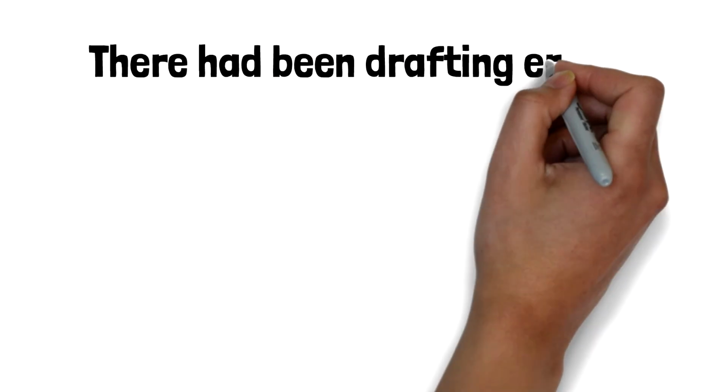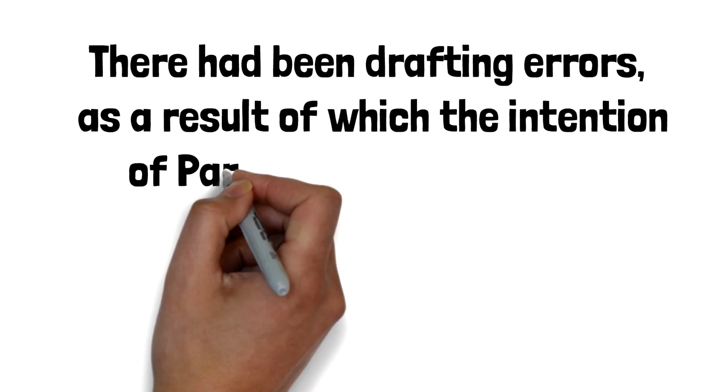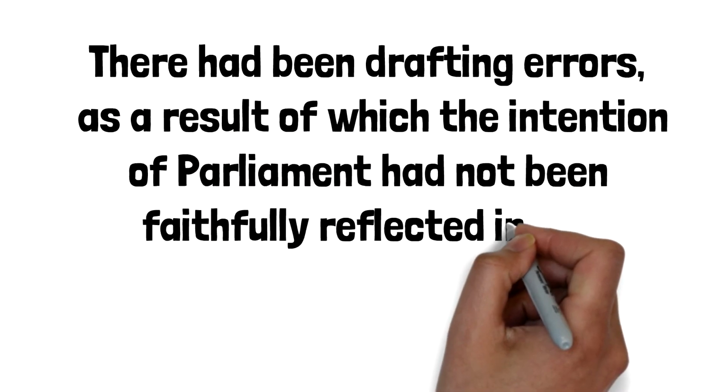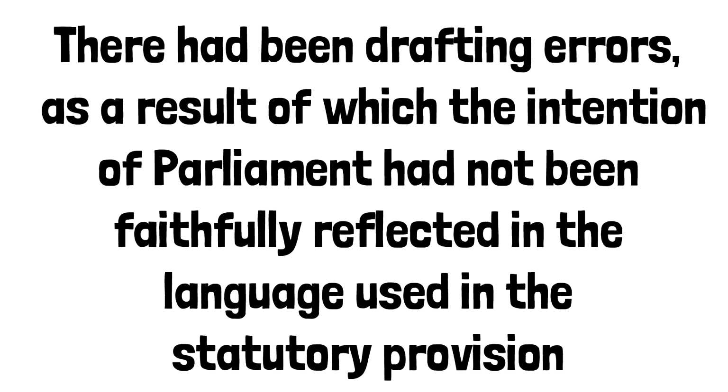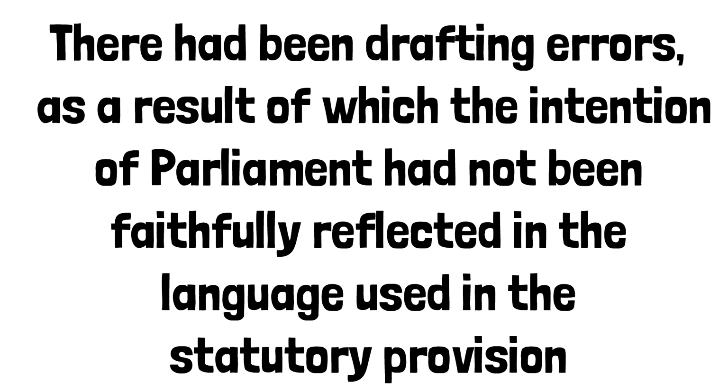This means that an ambiguous provision can be interpreted in light of the stated intention of the Act. When such a position arose, Lord Pentland stated in the Botterill case: counsel acknowledged an unattractive position, that there had been drafting errors, as a result of which the intention of Parliament had not been faithfully reflected in the language used in the statutory provision.